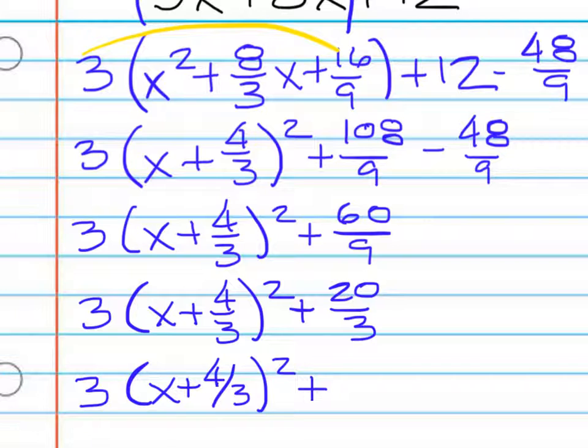And 3 goes into 20 6 times with 2 left over. So 6.3 repeating is what you would have left out there on the right side for your constant if you did it with decimals.